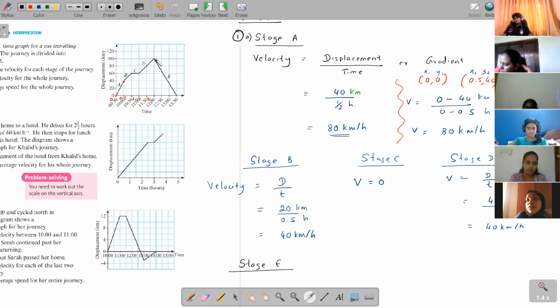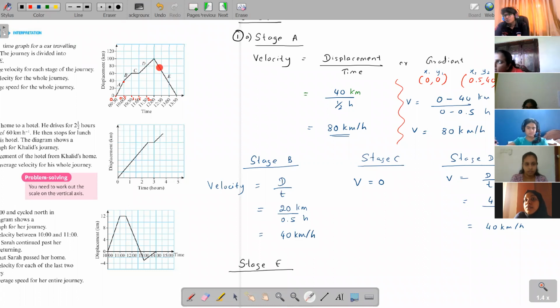So after you come to a displacement of 100, look what happens in stage E. Can you tell me what's happening? The velocity is decreasing. No, velocity is not decreasing. Velocity is the gradient. Understand this. Now, this is a straight line.